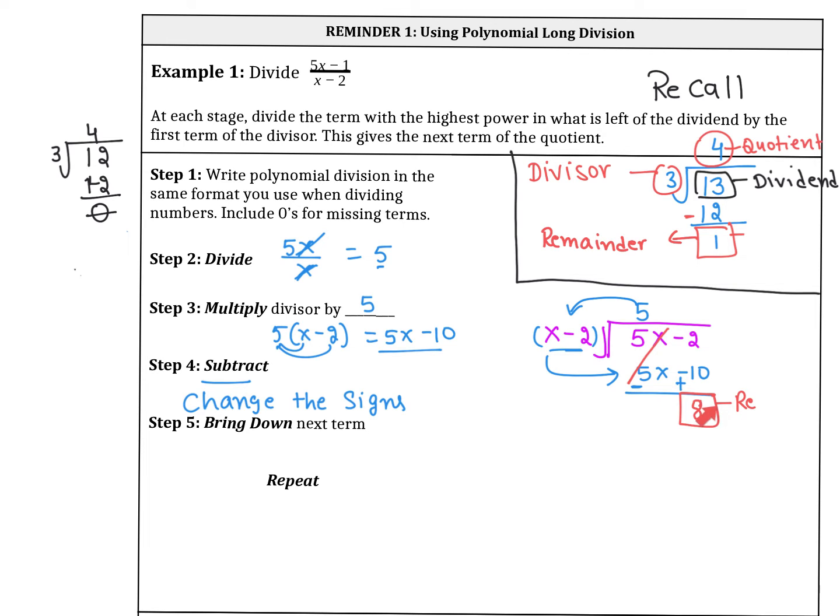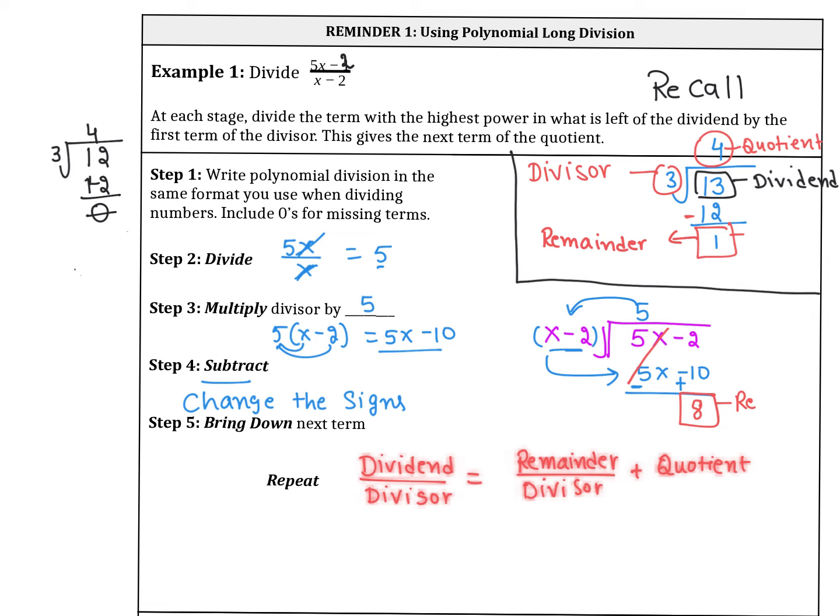The formula that we use for this one is, please change the number on the top to 5x minus 2, because I did the whole question with 5x minus 2. And the formula we're going to use is dividend over divisor equals remainder over divisor plus quotient.